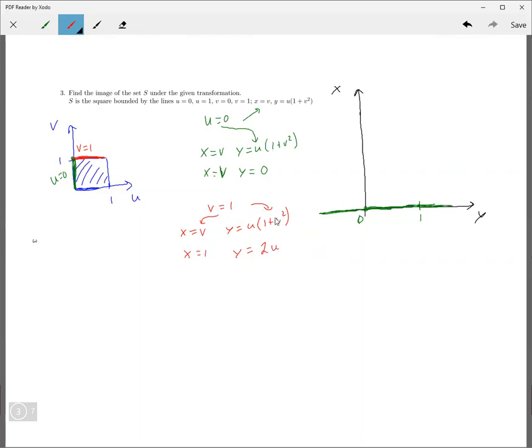So plugging a 1 in for V, we get X equals 1 and Y equals 2U. And then U goes from 0 to 1, right? So if U equals 0, we get (1, 0). And if U equals 1, we get (1, 2).